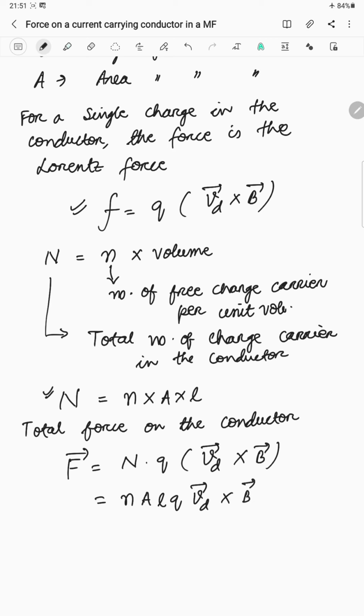Now if you remember, when we derived an expression for the current, we had n A q Vd. What is it? It is current.